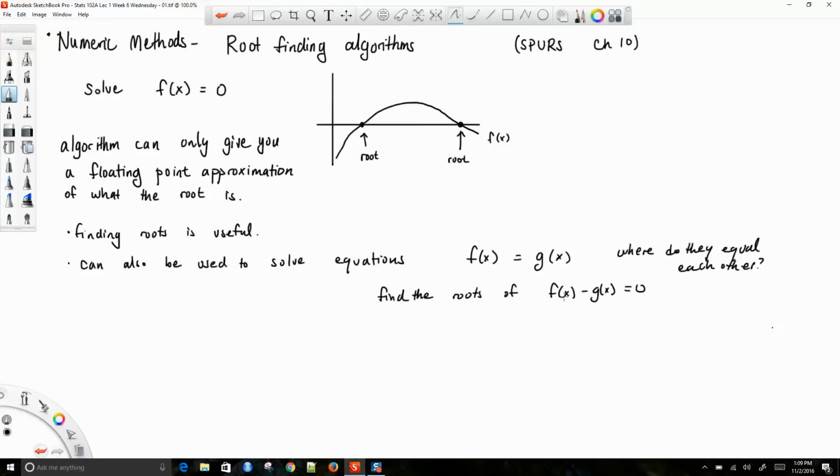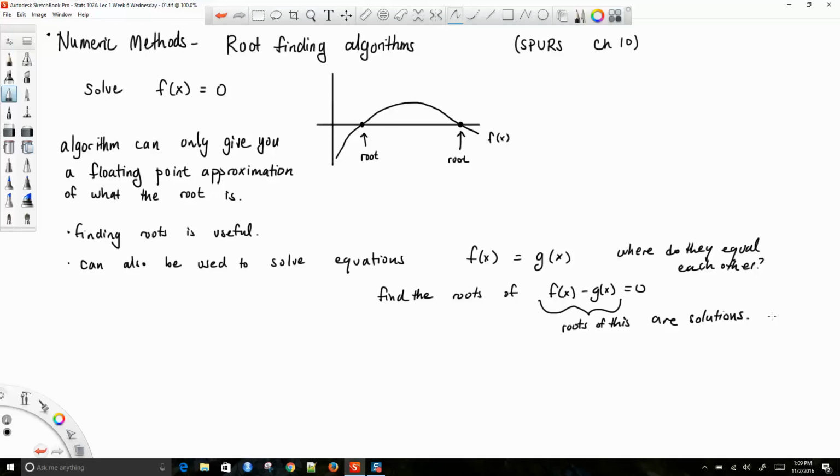Okay, if you find the roots of this, you're going to have solutions for this. Roots of this are solutions. Okay, so a lot of things can be put into the form of finding a root.